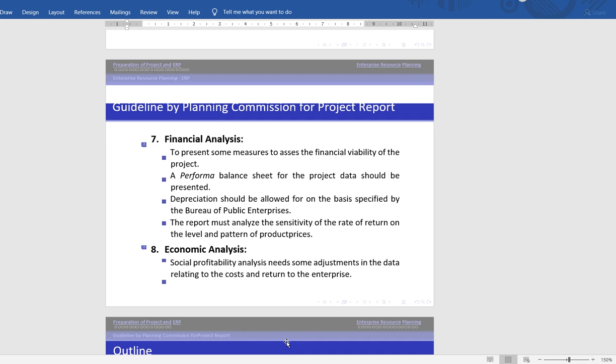The financial analysis can also be helpful when investors want to invest in that particular product. Whenever they see this part of financial analysis in the project report, investors can decide whether they can invest in the project or not.